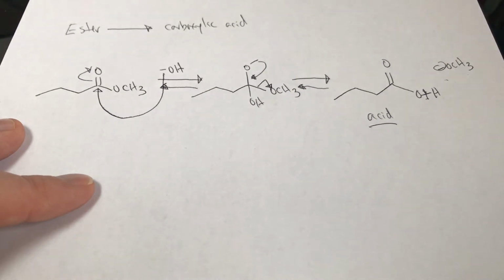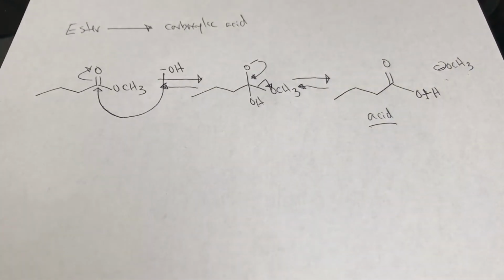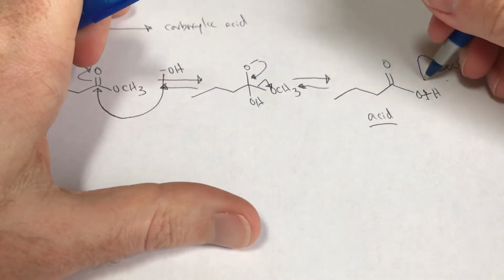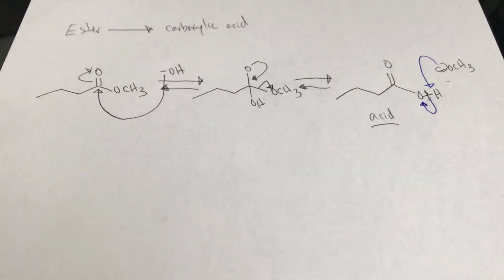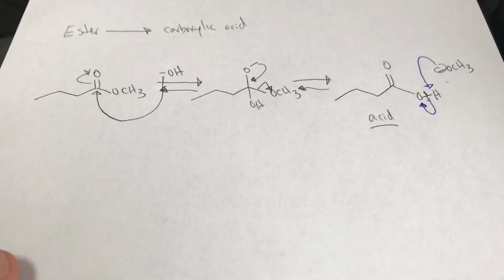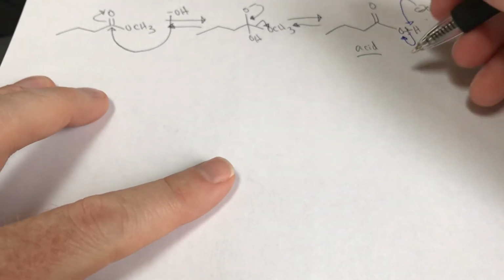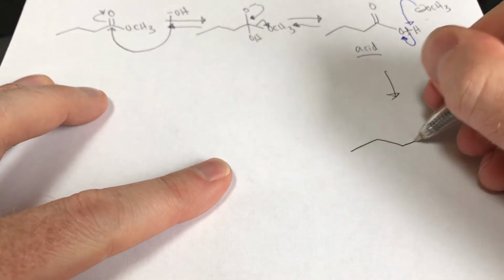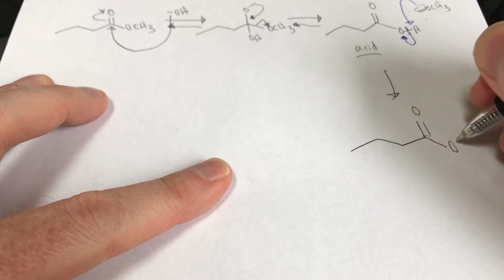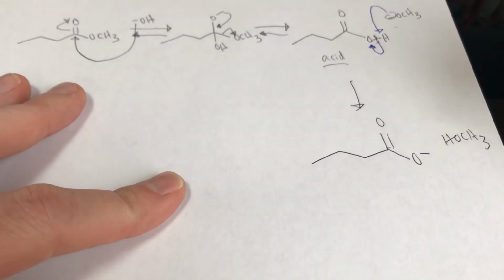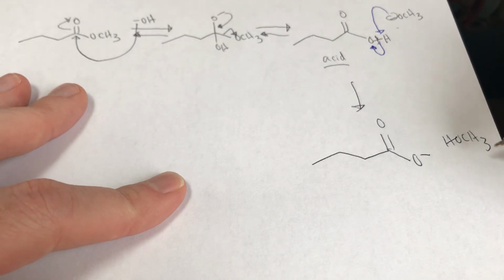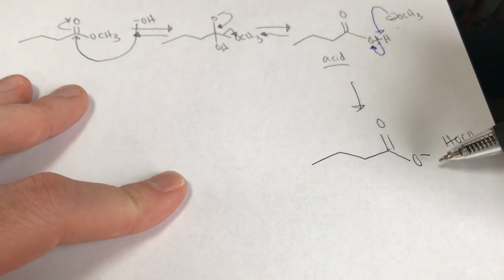We'll actually go on here. It's another proton transfer reaction, making the much more stable methanol leaving group, and also the much more stable deprotonated carboxylic acid.